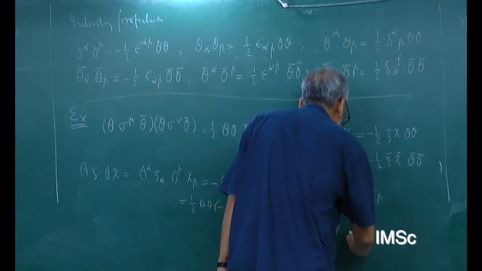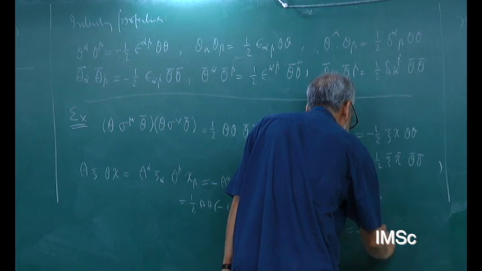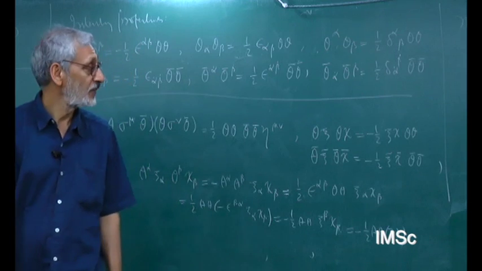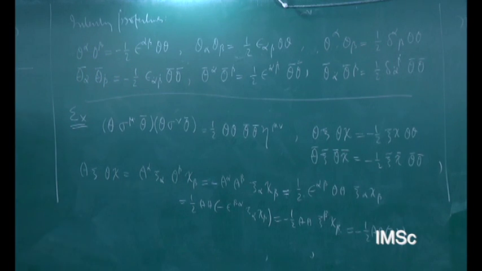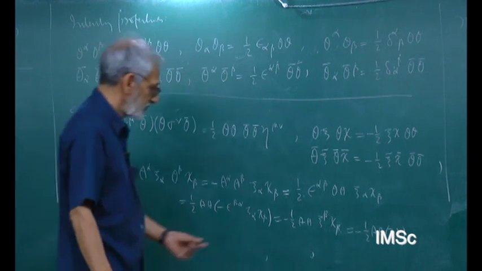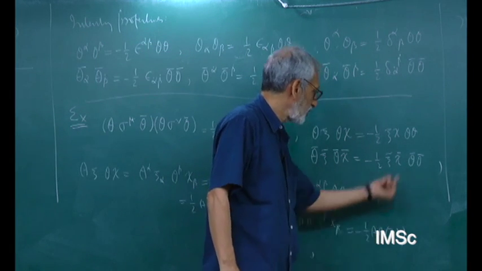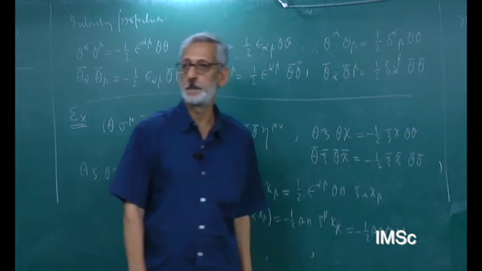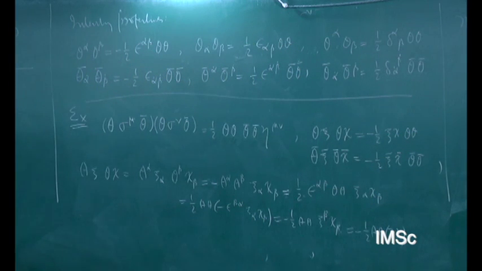And is that what we have there? Yes. Now, 2 thetas in front or 2 thetas later doesn't matter, because a pair of thetas I can take across. It's a bosonic object.